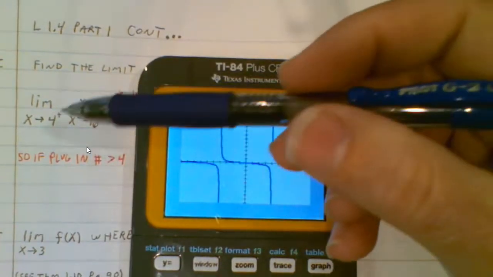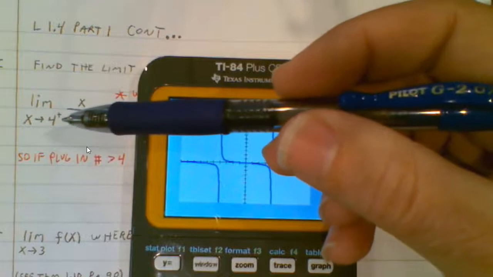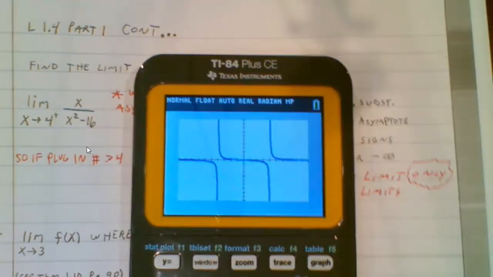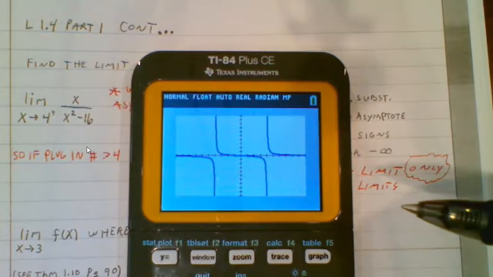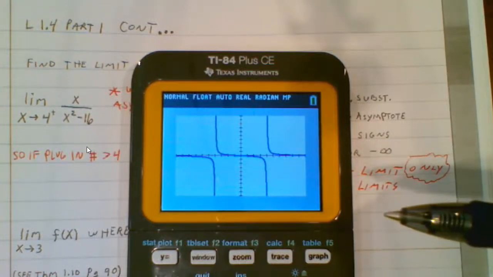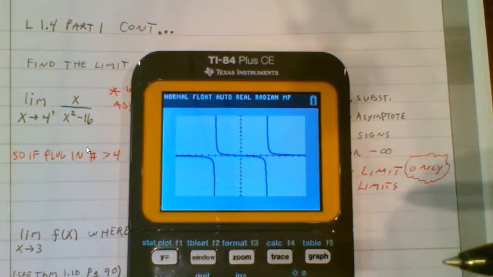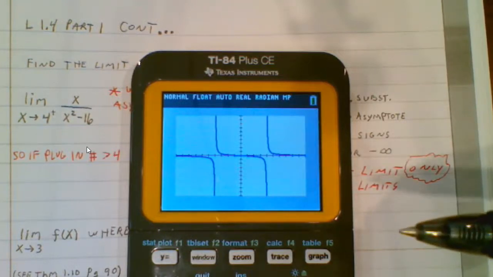But if it's just talking about what is happening to the graph on either the right side or the left side, then we can identify a limit as either positive or negative infinity. Again, that's not really a true limit since infinity is not an actual value, but it becomes an accepted answer because we sort of see it as a description of what the graph is doing, even though it's not really a true limit of what we're getting.